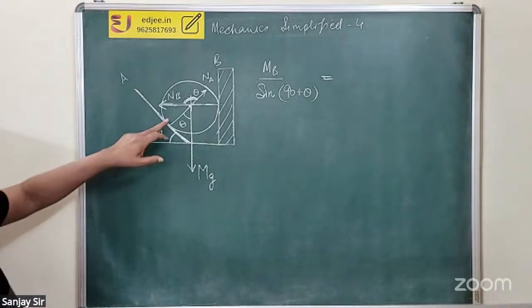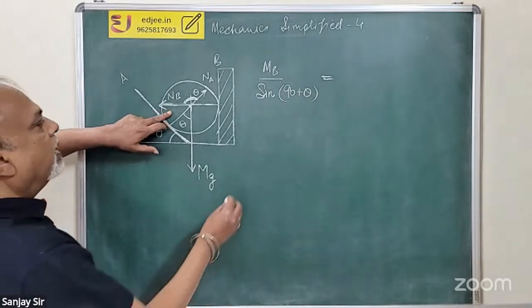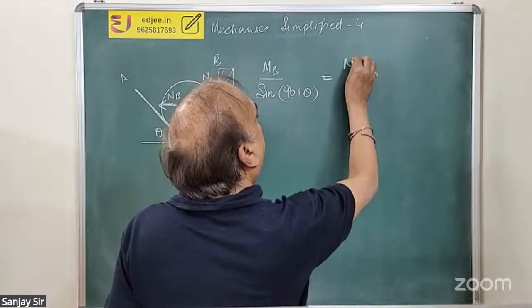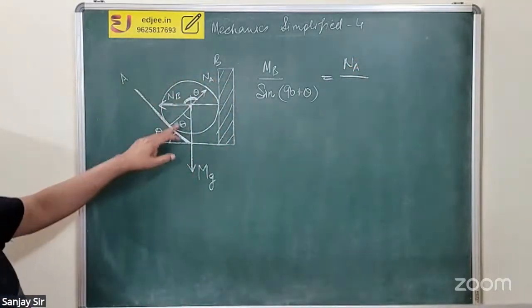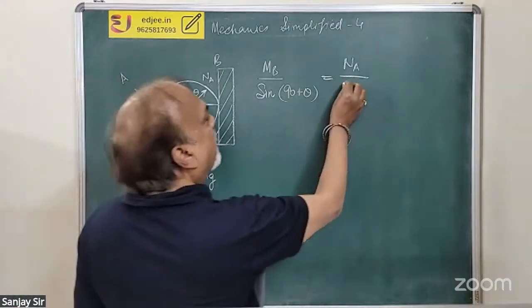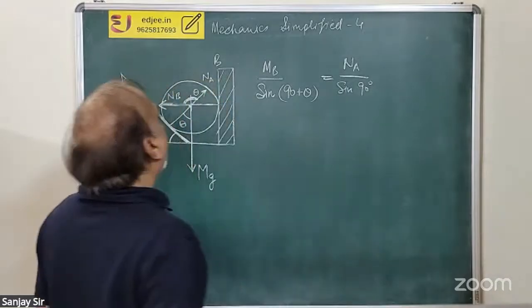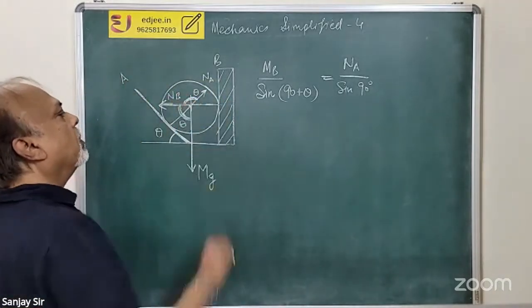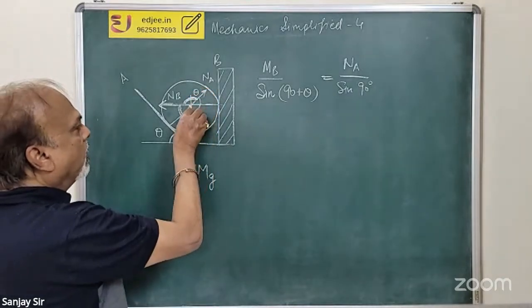Then NB, or you can take NA. NA is very simple. It is sine 90 only. This angle only. What about NB? NB, this angle.